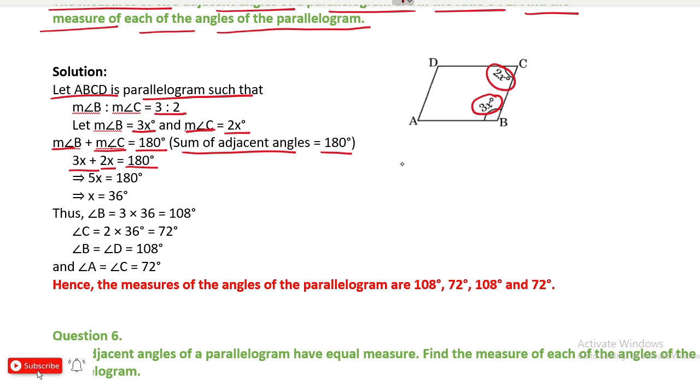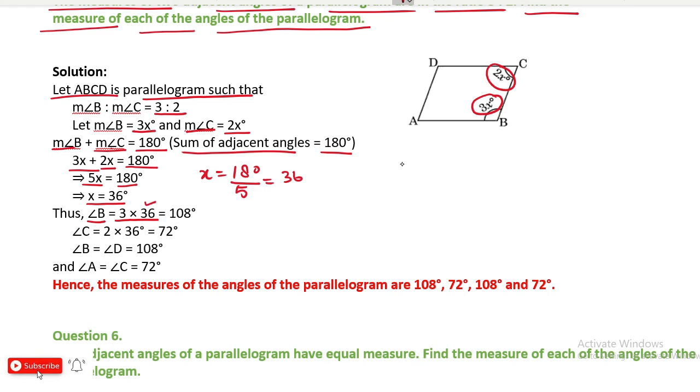Once we add 3x plus 2x, it becomes 5x and it is equal to 180. Now x is equal to 36. Why? x is equal to 180 upon 5, and when we divide 180 by 5 we get 36. That's why x is equal to 36. Then angle B is equal to 3 into 36.